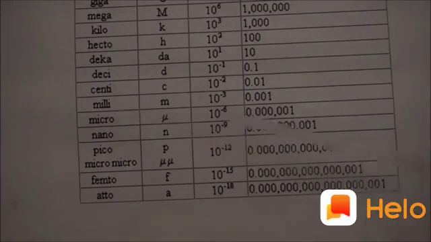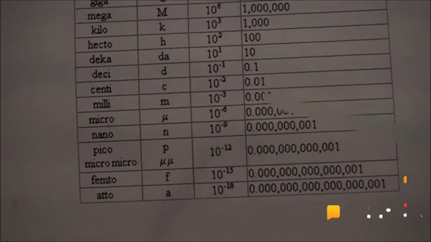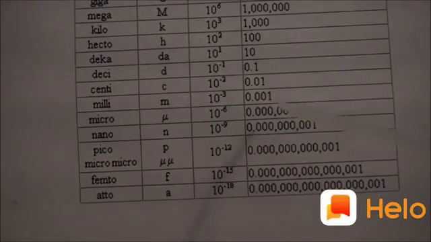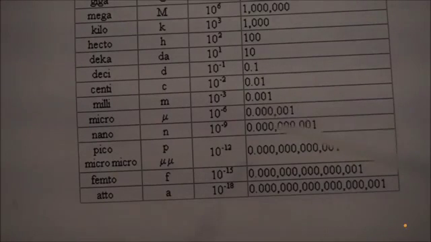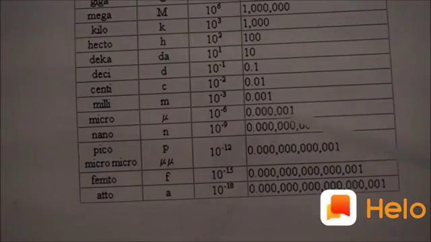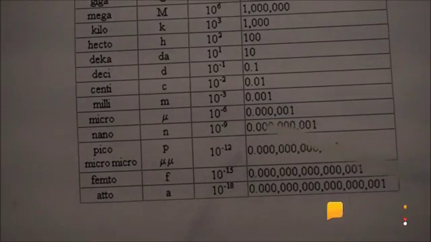So if you can wrap your head around this, basically what you're going to be doing is working between micro and pico, because that's where the values are going to be on most capacitors. So what you need to realize is that there's a 6 decimal place difference between micro and pico.